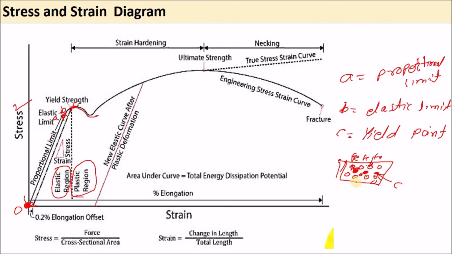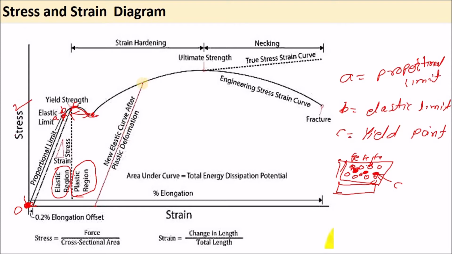So after that, we no longer need to apply that much load. The carbon atoms are free to move. Due to that, elongation will occur, but stress will not increase. It will decrease, because now the carbon atoms are free to move. Up to some limit, strain will increase.